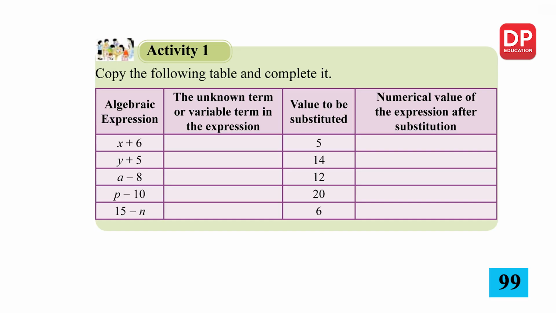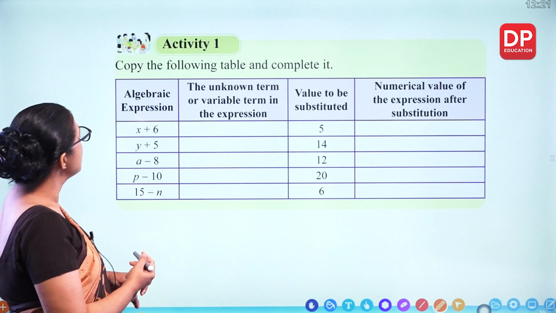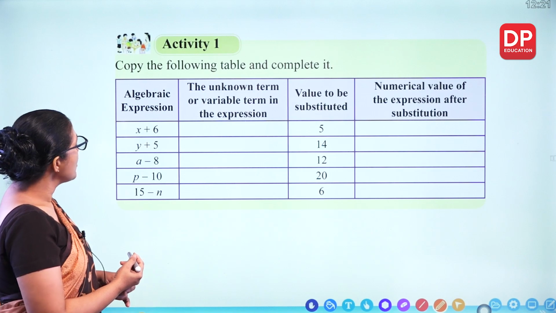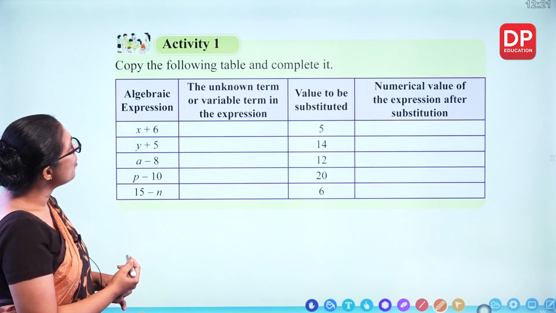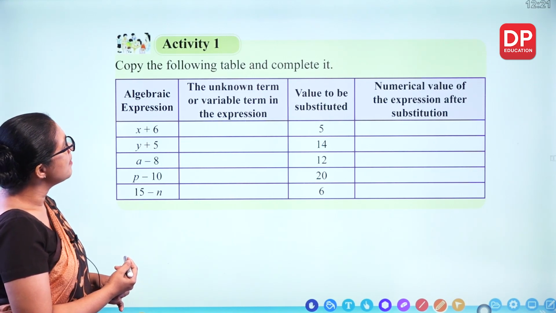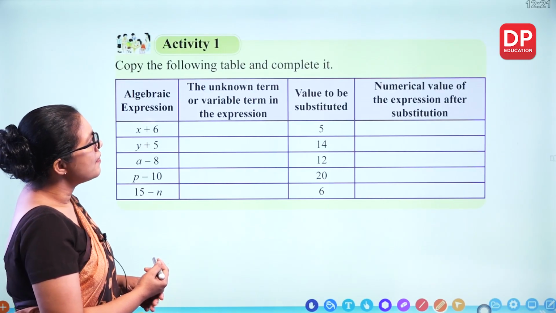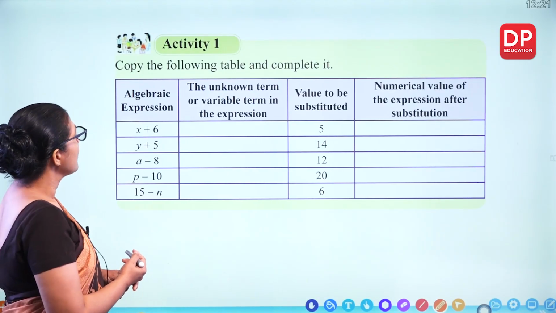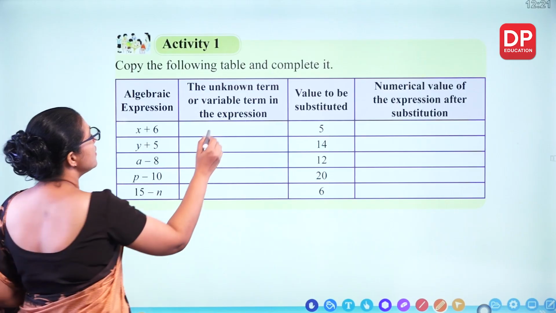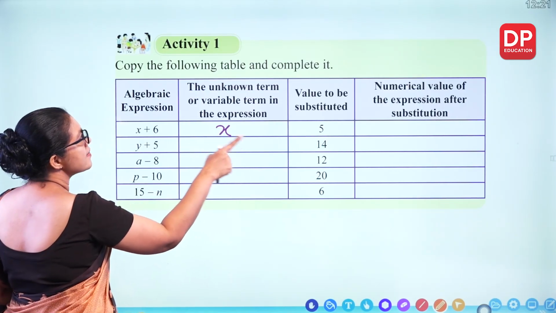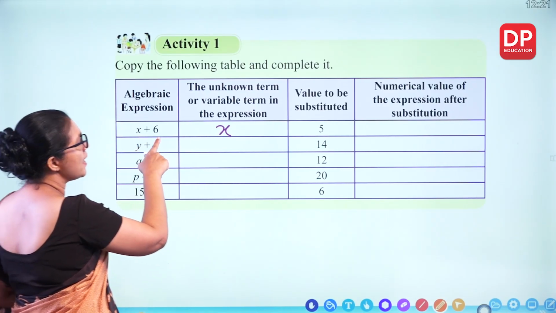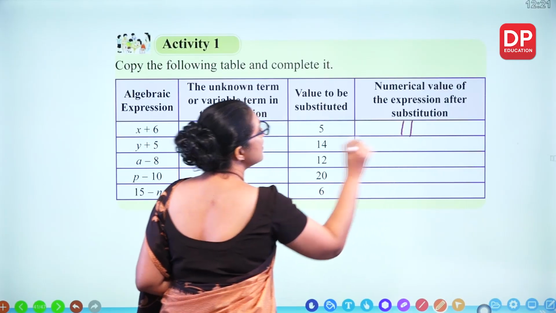Look at this one. Copy the following table and complete it. Algebraic expression is there, the unknown term or variable term in the expression, the value to be substituted and the numerical value. What's the unknown? X. X is 5. 5 plus 6, you get 11.